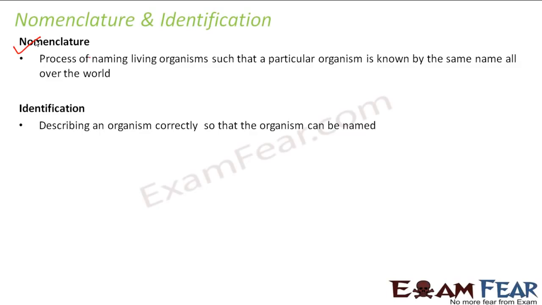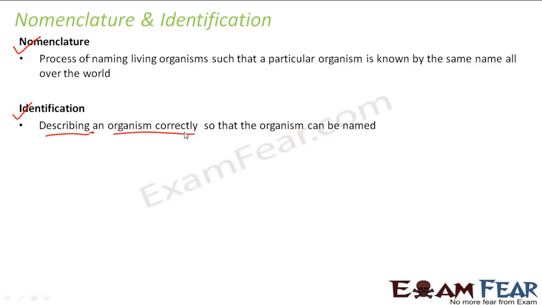So if you want to name a particular object, you should have some idea about what it is, so that you can give a meaningful name to that organism. So in order to name an organism, identifying that organism is very, very important. That means describing the organism correctly, studying that organism and describing some of the characteristics or some of the important features of that organism.